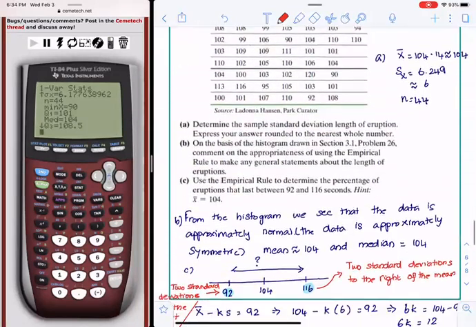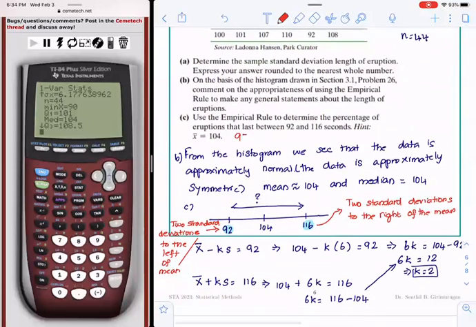So the answer here is 95%. That is a fixed number. As long as the data is normal, this rule would always apply.